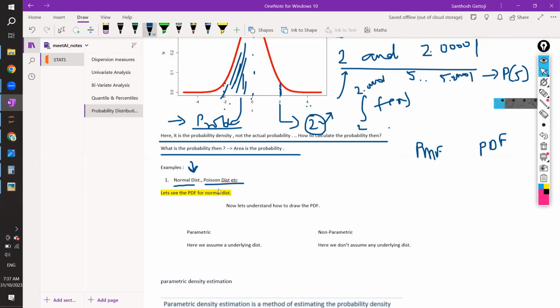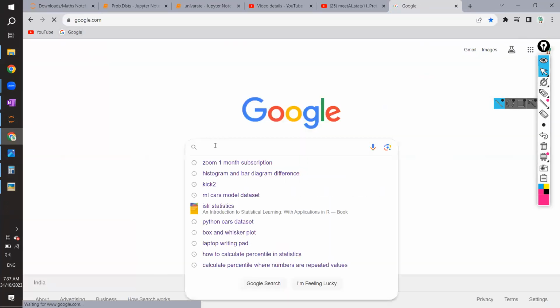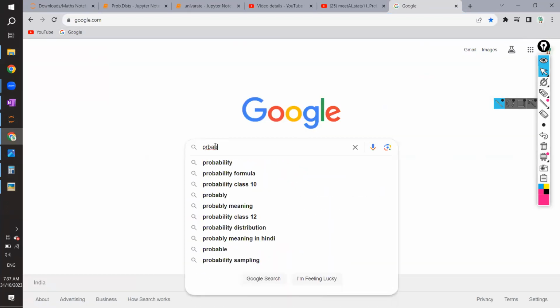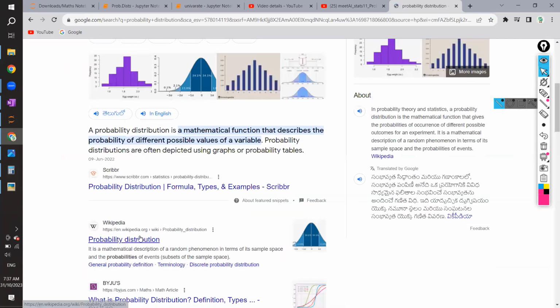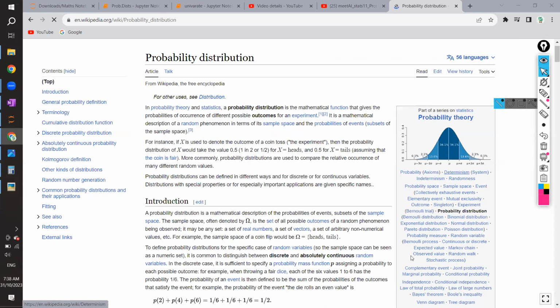So as I said, normal distribution is one of the PDF functions. If I show you probability distribution, there are different types of probability distributions.